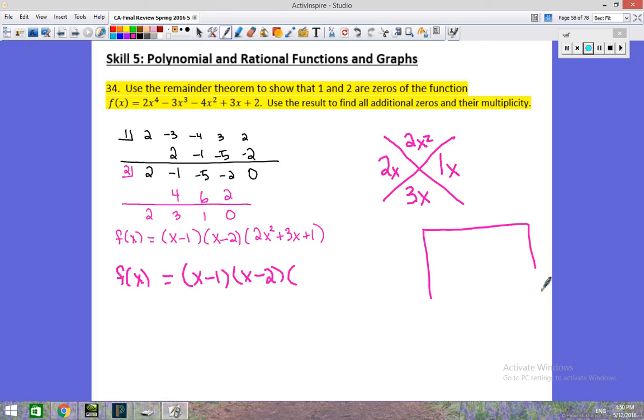If we put this information in the body of a table, it can help us factor it. The 2x squared, the first term, and the last term go along one diagonal. The two values that I found in my x go along the other diagonal. It doesn't matter whether I put the 2x in this corner or that corner, we'll still get the same answer. So if I get 2x and 1x there.